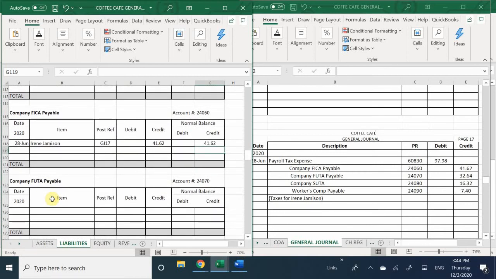And then we'll go to the one below that, the FUTA. $6.28. Miss Irene Jameson. General Journal 17. And then the FUTA under the credit is going to be $32.64.